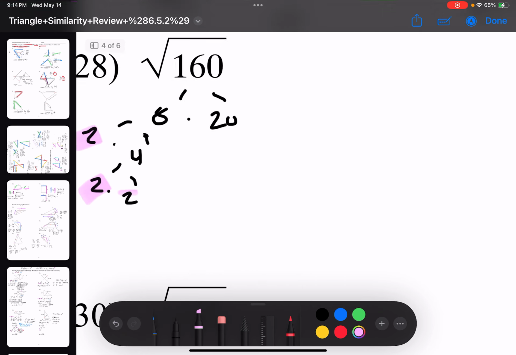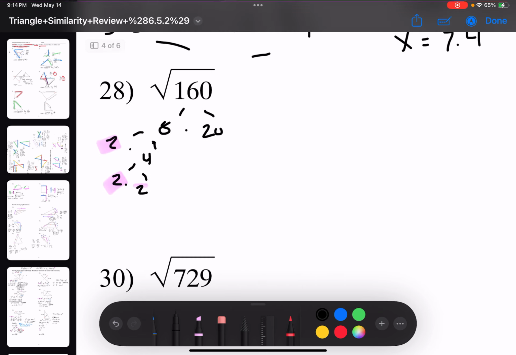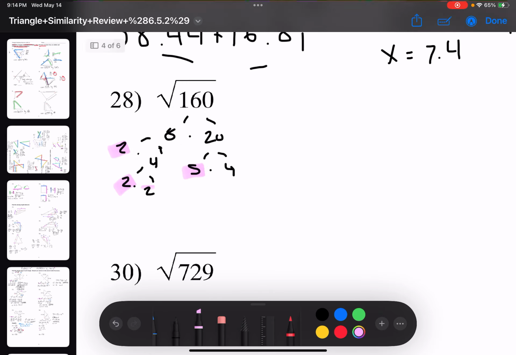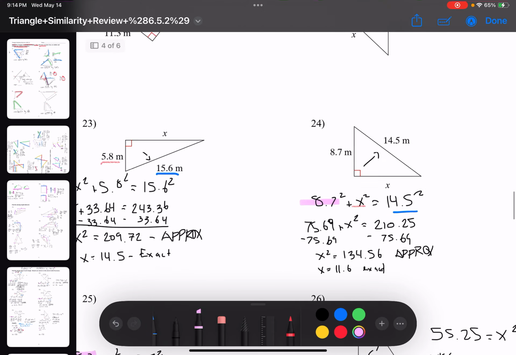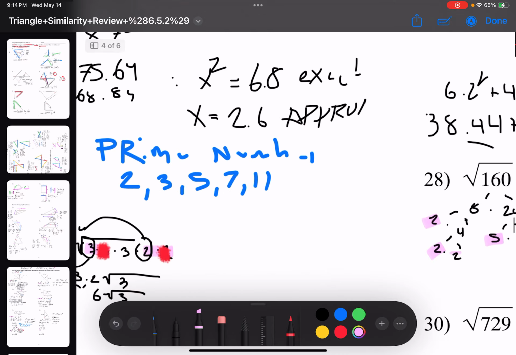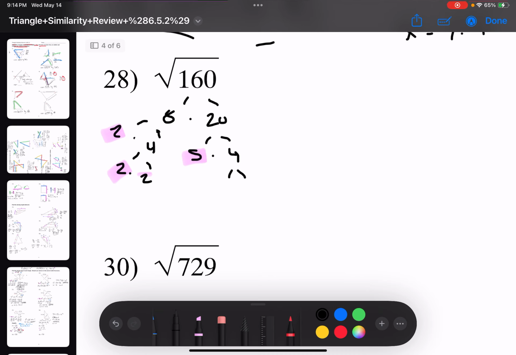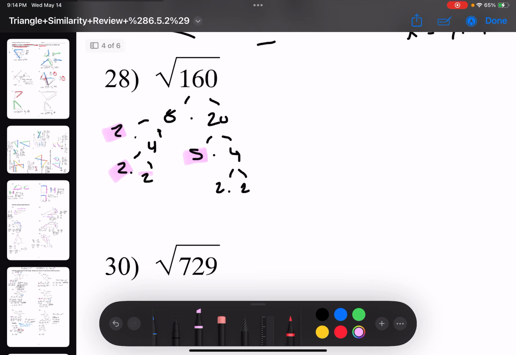Now what can we do with this one? I know 5 goes into 20, so we can do 5 times 4. This is a prime number. Let's check our prime numbers list. It's on there. But 4 is not a prime number, so we're just going to do 2 times 2. We got our prime numbers.